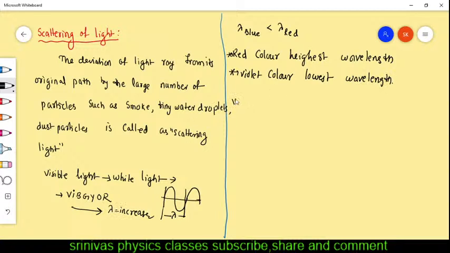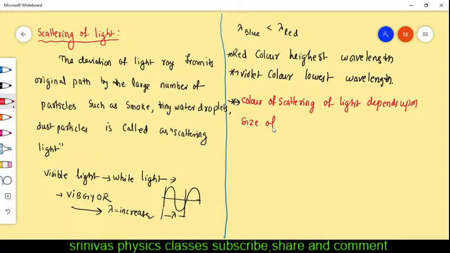Scattering occurs due to the particles in the medium, right? Then what are the particles? Based on the size of the particles, the color of scattering of light depends upon the size of particles.